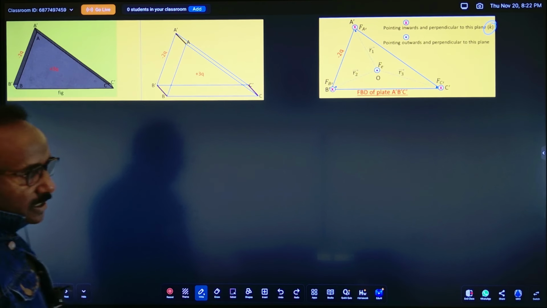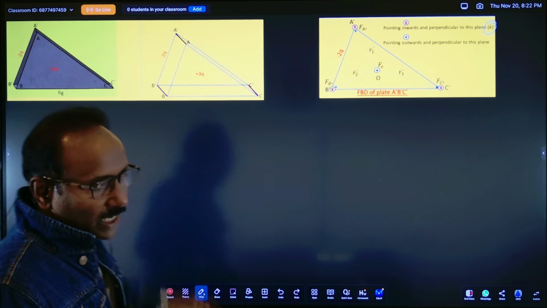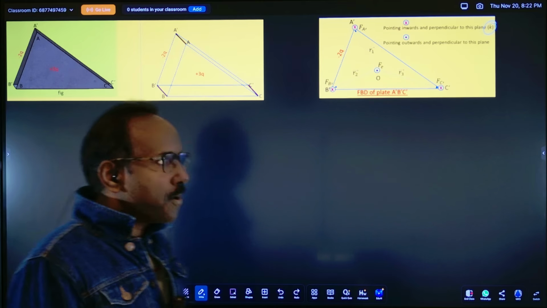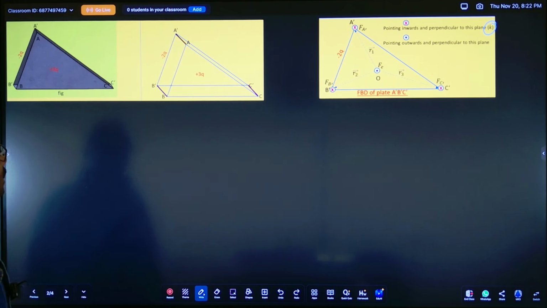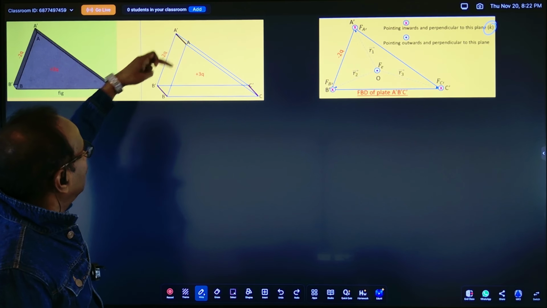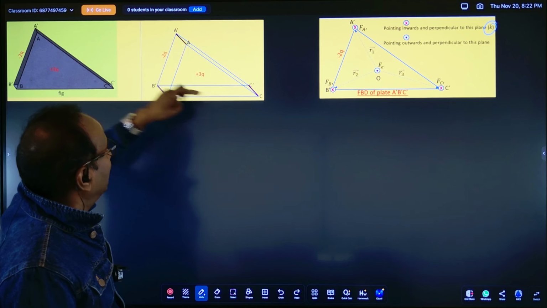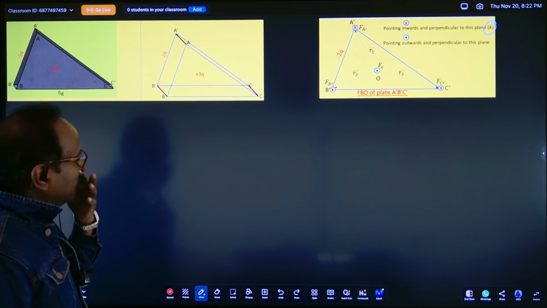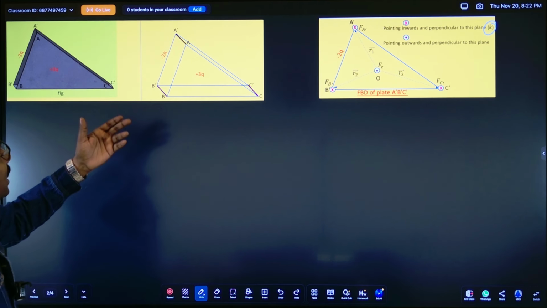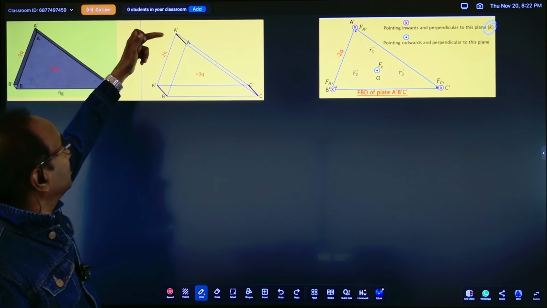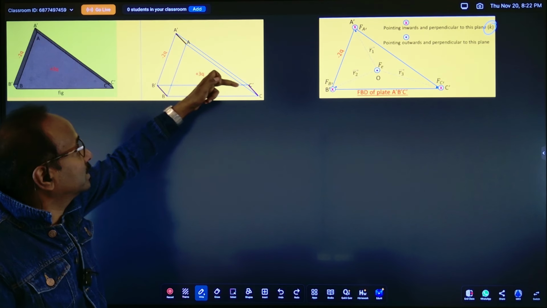For better illustration, the diagram has been magnified. You can see it here. The front plate is A, B, C. It has been given the name A, B, and C. And the backside plate has been given the name A prime, B prime, C prime.